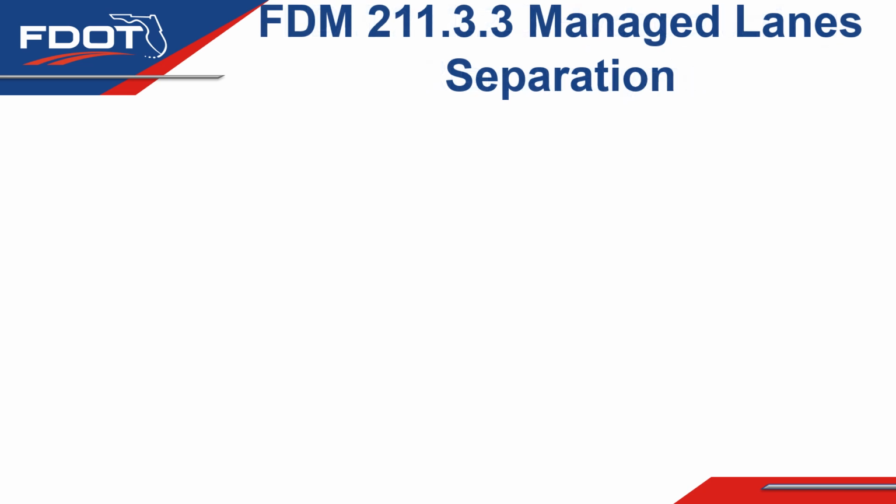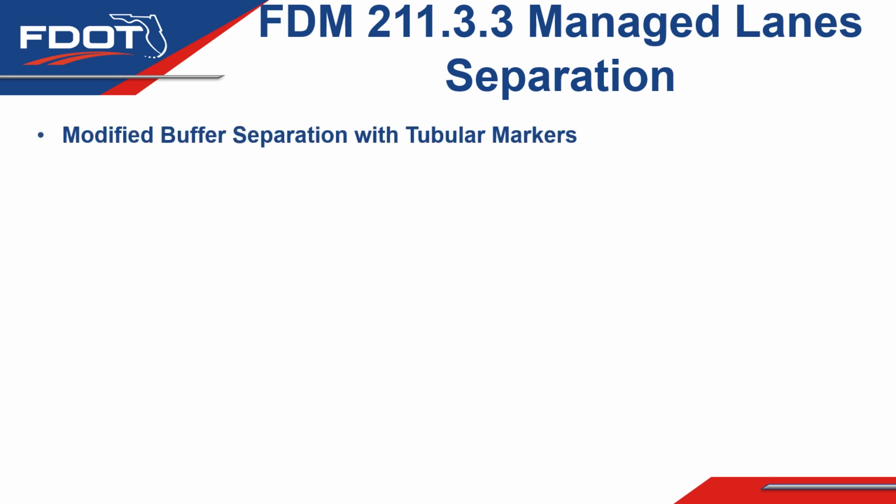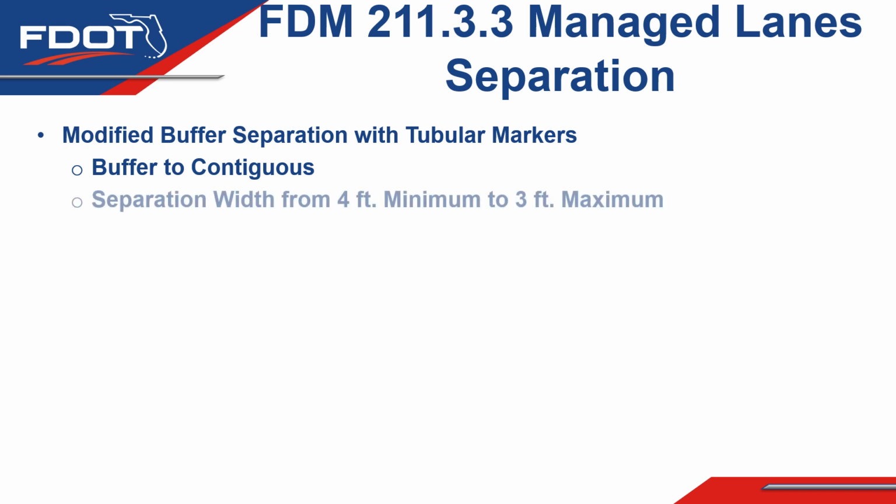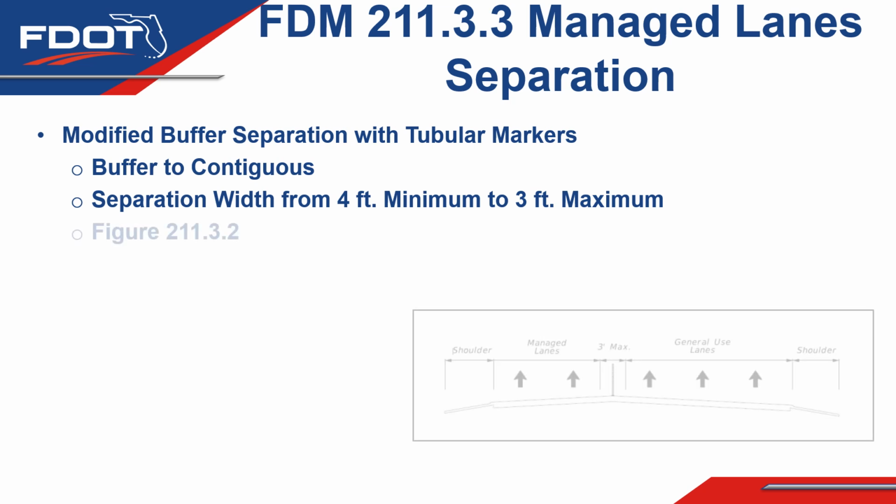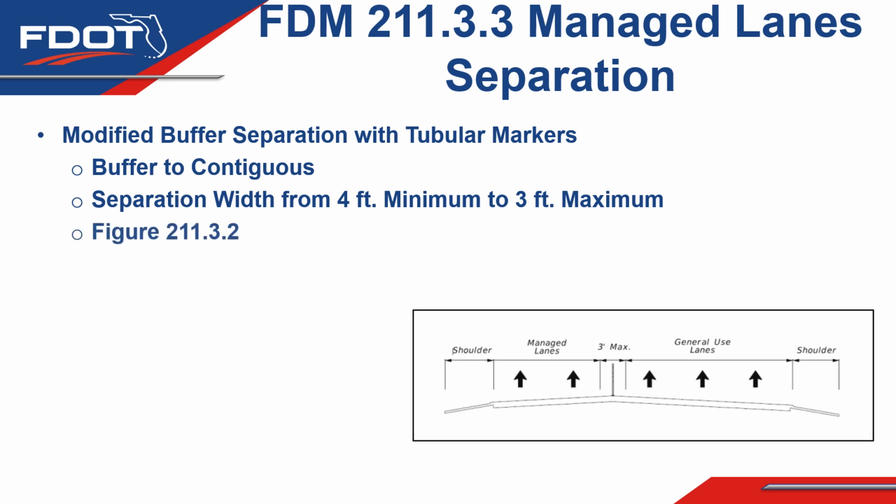For the managed lane separation section, we modified terminology for the buffer separation with tubular markers treatment by replacing buffer separation with contiguous separation. We also modified the criteria for this treatment type, changing the minimum 4-foot buffer width to a maximum width of 3 feet for contiguous separation in Figure 211.3.2 and in this section.